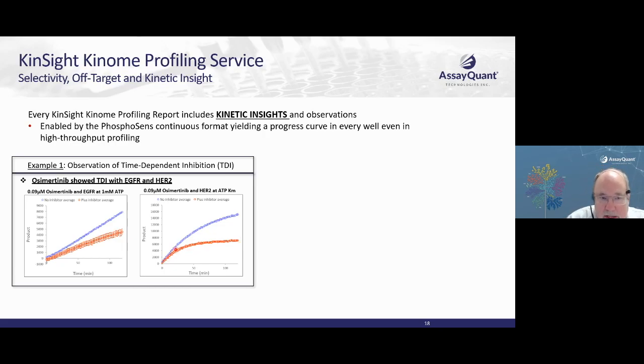You can see that time-dependent inhibition happening right there. That we'll see as a flag. Our automated data analysis system will pick that up and make sure that we note it in our reports, so that when you're doing a screen or profiling of something, you'll know this is something you can follow up with in our TDI workflow, which I'll get to on the next slide here.